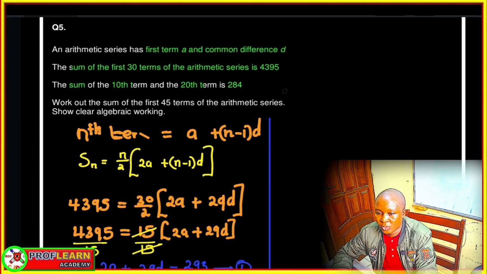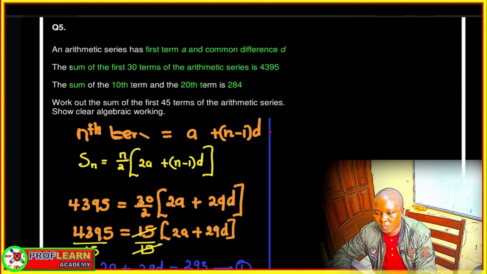Then we're moving to the second part. We're told the sum of the 10th and the 20th term. So we're going to use the first formula I had written here to find the 10th term, and also the 20th term. Once we have done that, we add the two. Adding the 10th and the 20th term, we get 284.